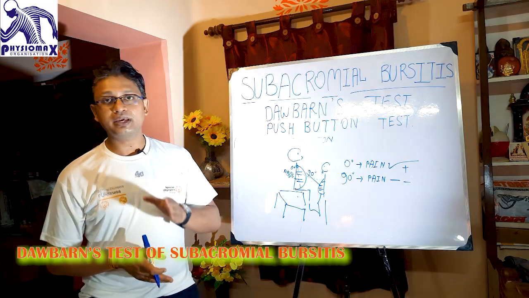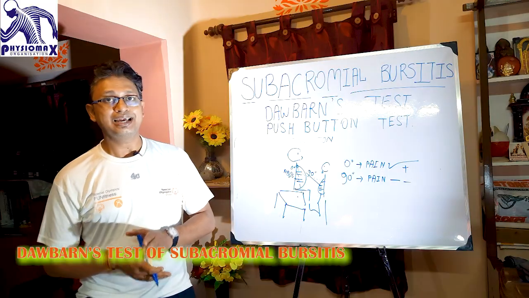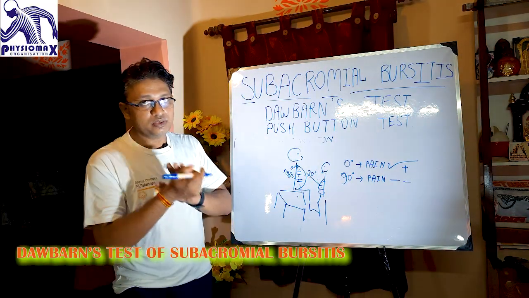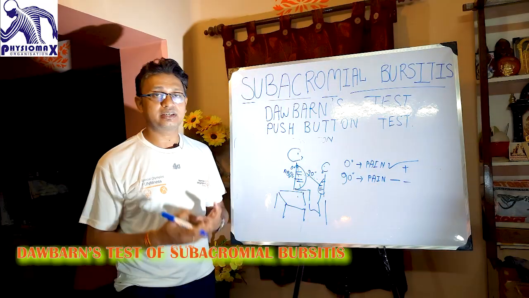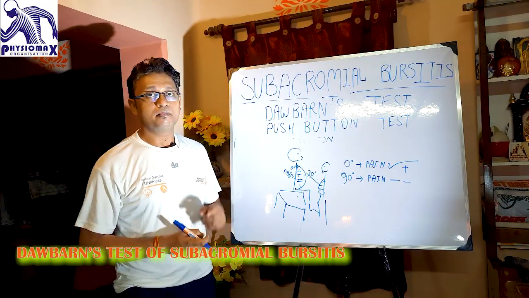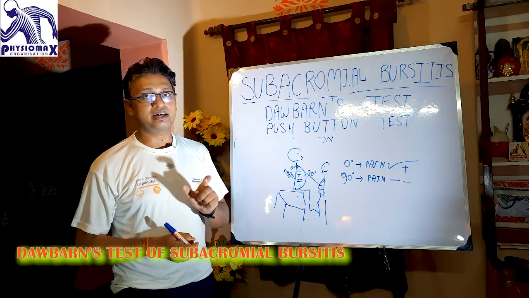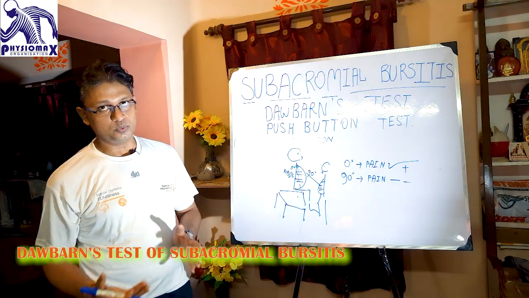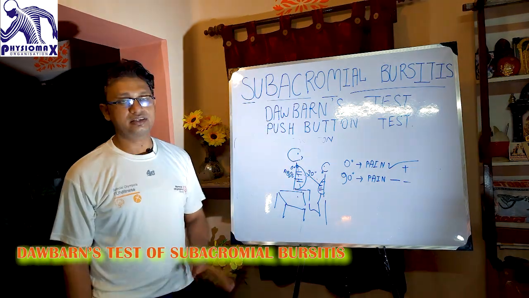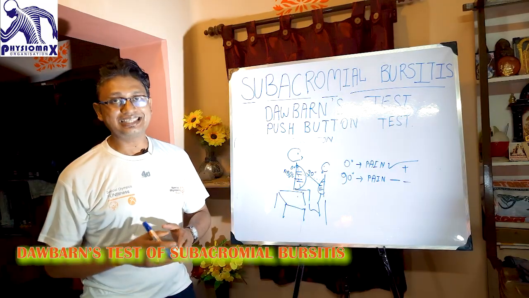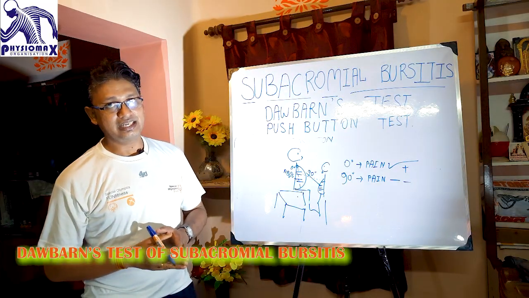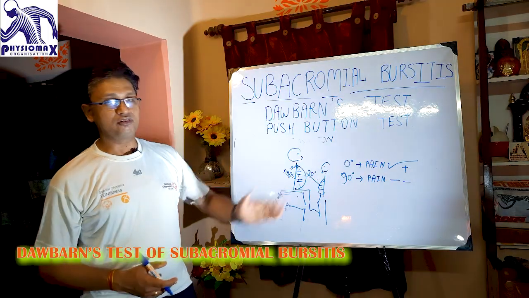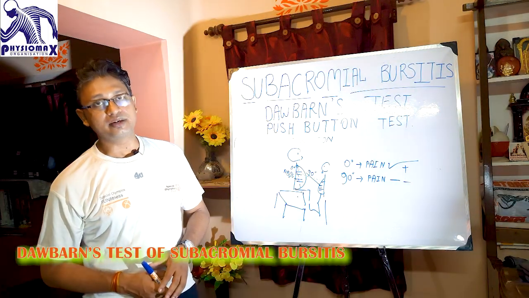But before performing any special test, we need to remember whether the test falls within a red flag period. If it is within a red flag period, every test will be positive, and that's the time we cannot perform any test. But if we perform it in the subacute phase, the test will give a reliable positive result. So with Dawbarn's test or the push button test, we can easily find whether the test is positive or negative with pain reduction or pain elevation.